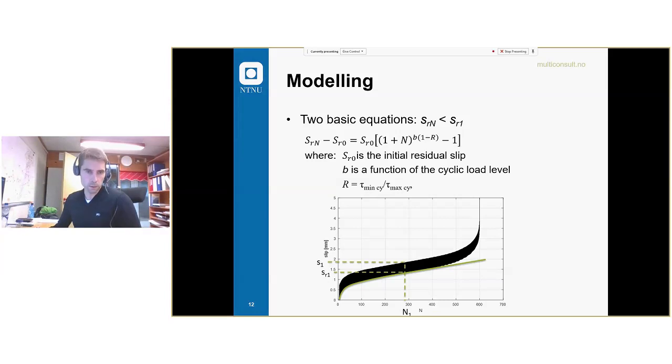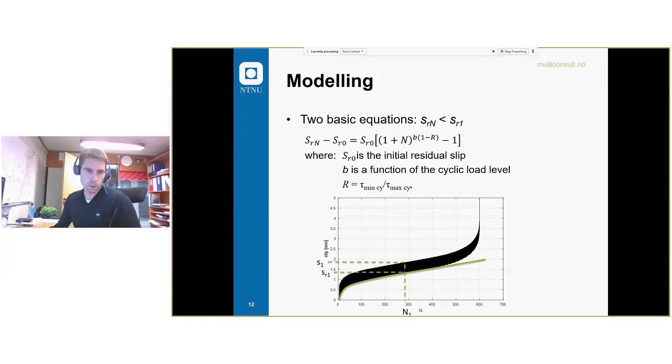What we are looking at in this figure is number of cycles on the horizontal axis and slip on the vertical axis. So if we apply cyclic loads with a constant load level, constant amplitude, on a rock anchor, in an N slip diagram, it will look like this.